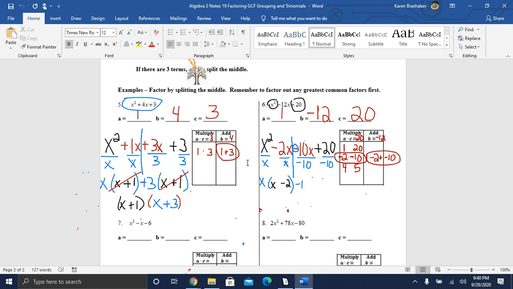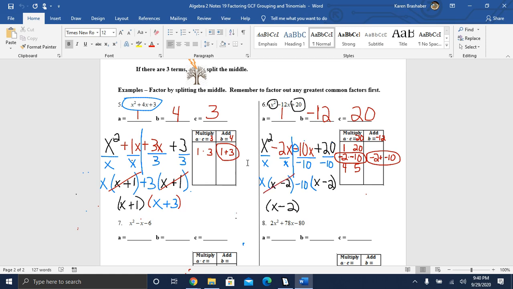I have to put my negative sign with my 10. I'll start my parentheses and do my dividing. And remember, I already know what I should get. I should get x minus 2. My 10s cancel. I do get x, and 20 divided by -10 is -2. So my first factor, or one of my factors, the order doesn't really matter, is x minus 2.